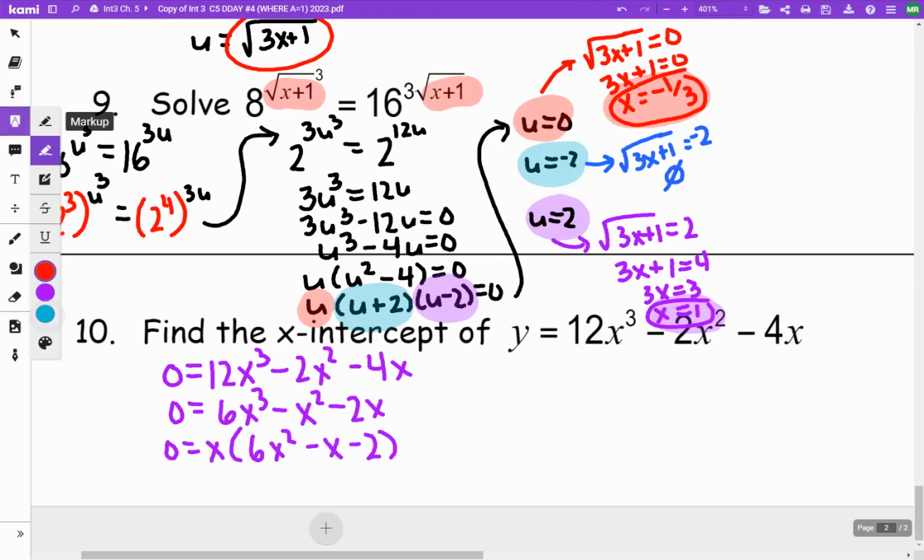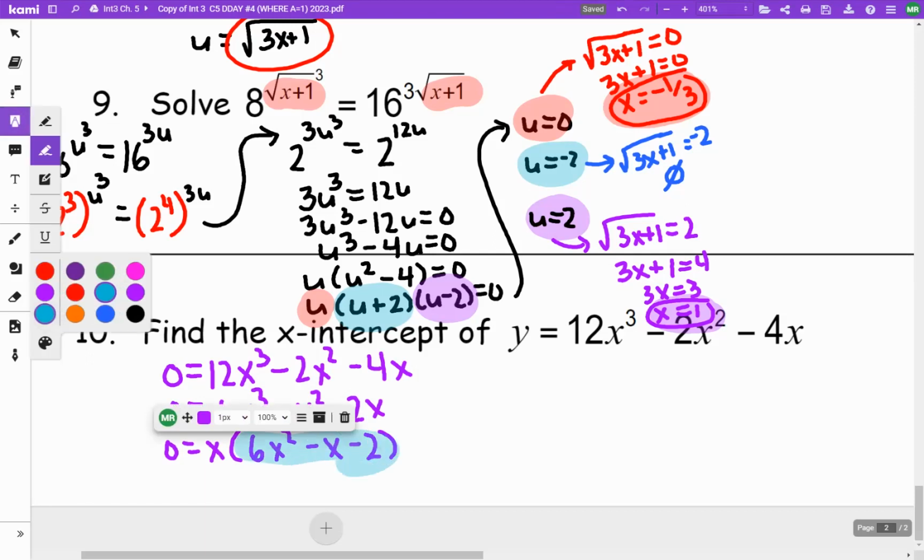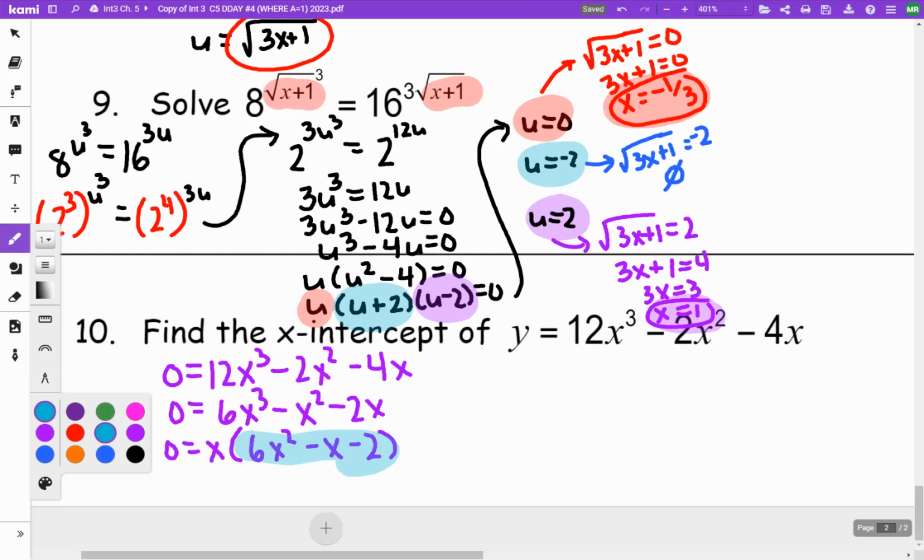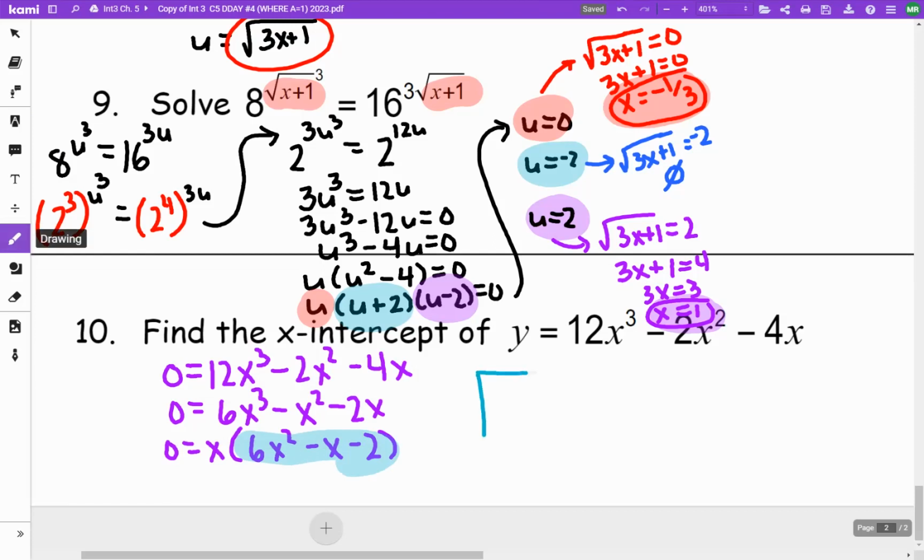Now, I'm going to take this and I'm going to factor that. So I am going to do a box to diamond. So I have 6x squared times -2, which is -12x squared. It's going to add to -x. So that's going to be -4x and 3x.